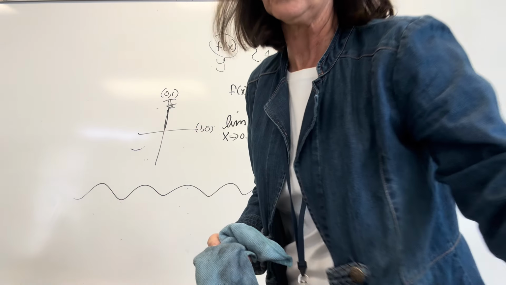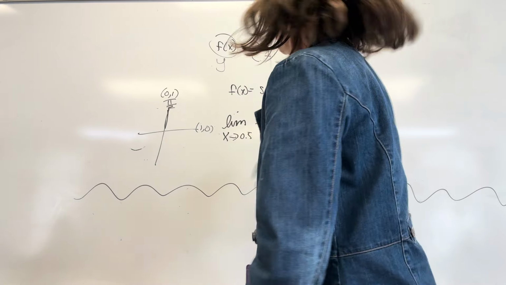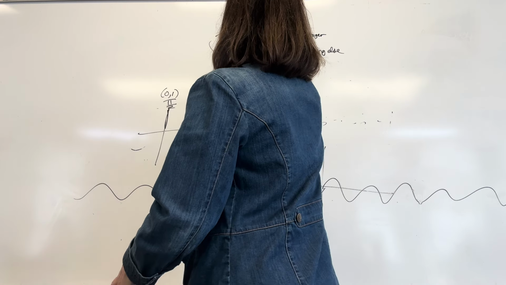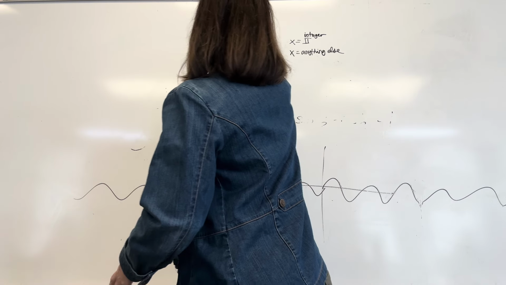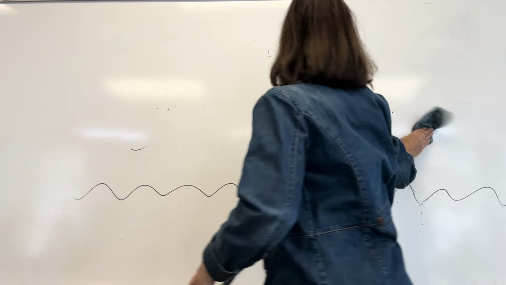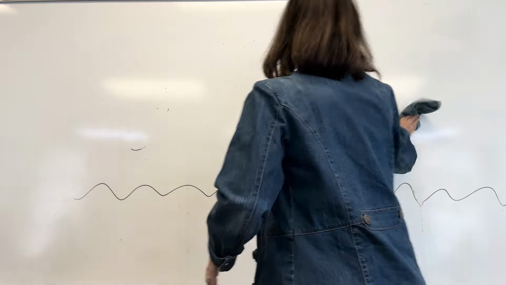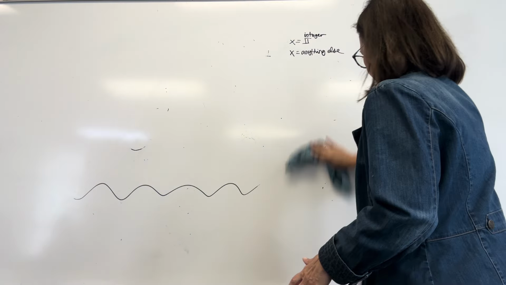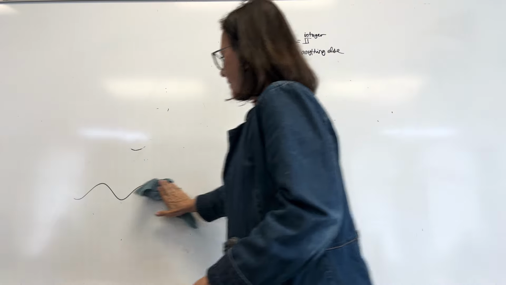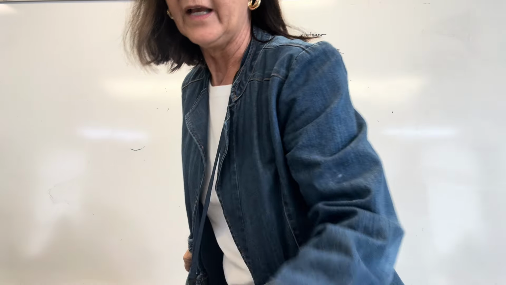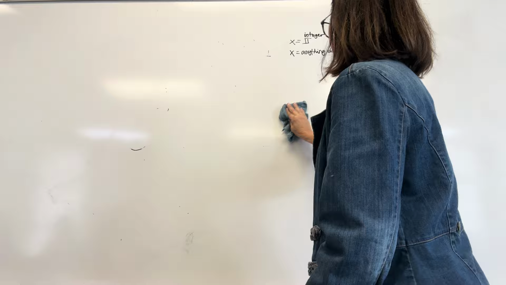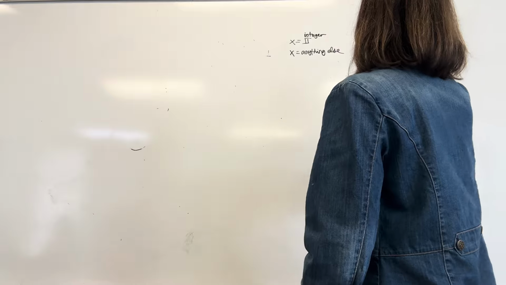The first one is if a function gets infinitely larger or infinitely smaller as it approaches that value. I'm going to draw an example of that. They gave you 1 over x squared.